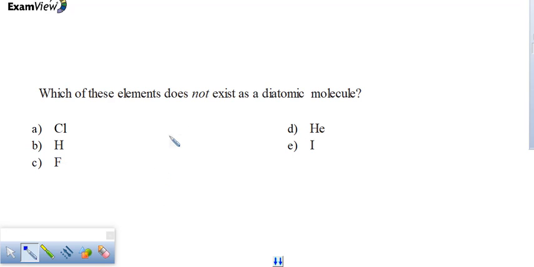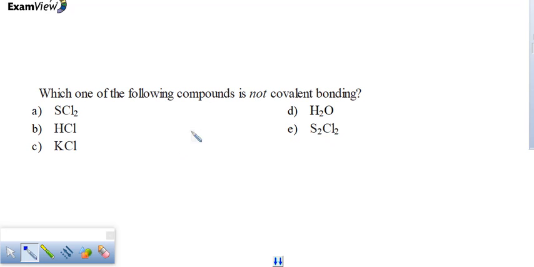Not diatomic. Well, remember we just looked at the various 7 or 8 diatomics. Well, helium is never diatomic. It's always by itself. The rest of these are in the list of the diatomics. Now, not covalent would have to be something in here with ionic bonding.